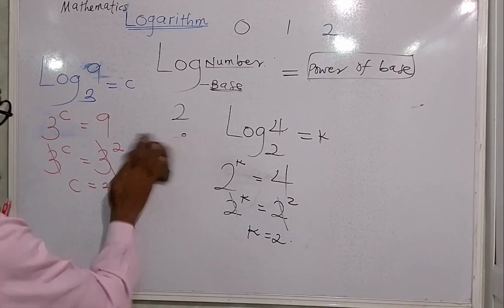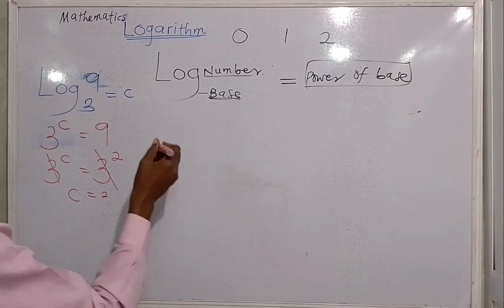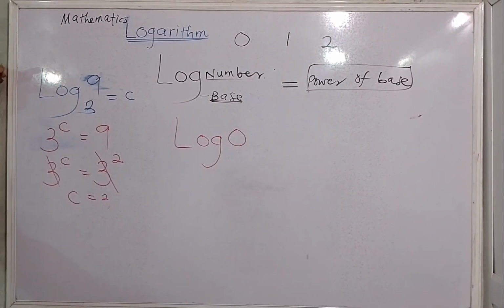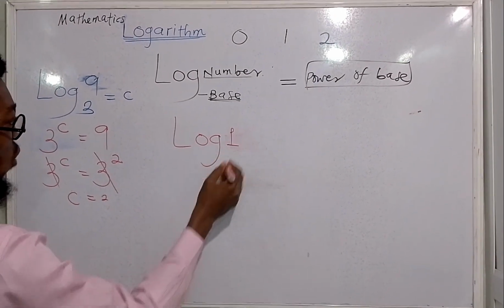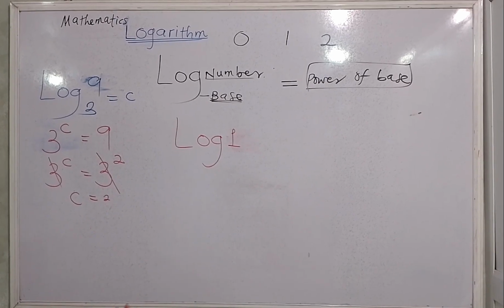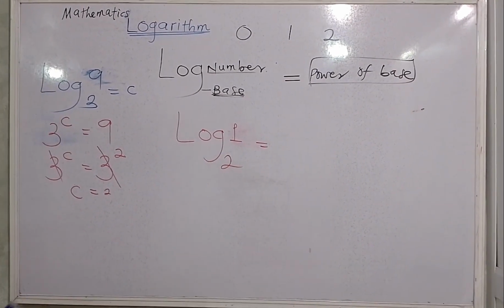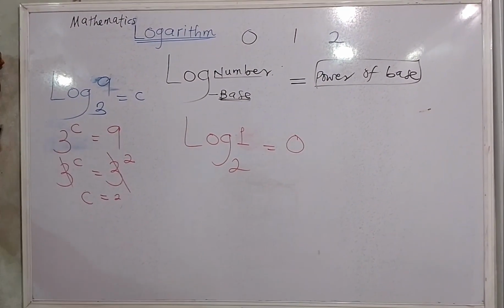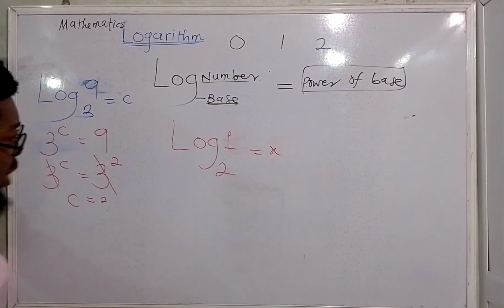Now let's see another rule that makes sense here. If somebody asks you, what is log of 1? They always tell us that log of 1 to any base you like is 0. For example, let's say I put base 2. Why is the answer always 0? Let us assume the answer is x.